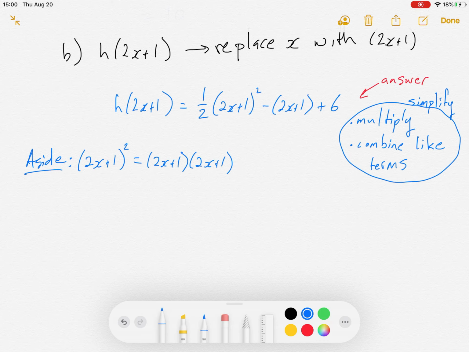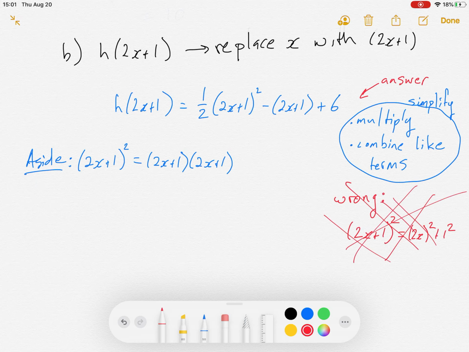If you try to distribute the squared, you're wrong. So again, I'm stepping up on my pedestal here and saying what's wrong. I'm not going to do this every single time, but just because this is still kind of new, you might get 2x squared plus 1 squared. This is wrong. Please don't do that. I'm going to put some more x's through it because that just really looks awful to me.